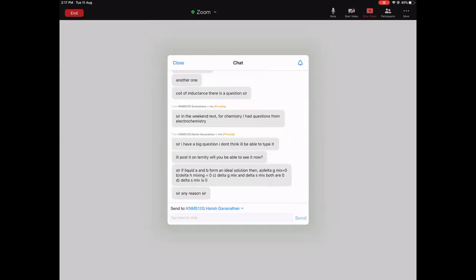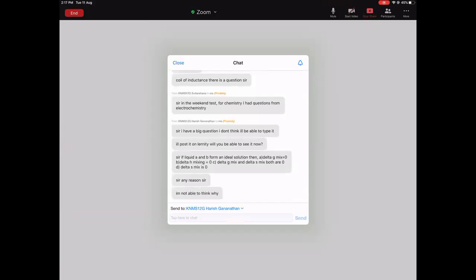The reason why delta H is 0 is because there is no interaction. If they form an ideal solution, there is no interaction between molecules. If there is no interaction, no bonds are formed and no bonds are broken, so delta H is 0.